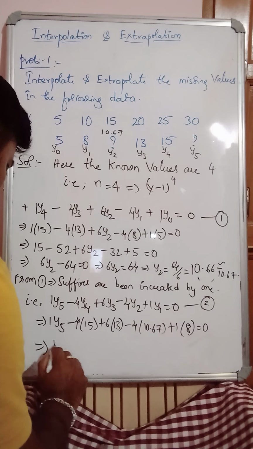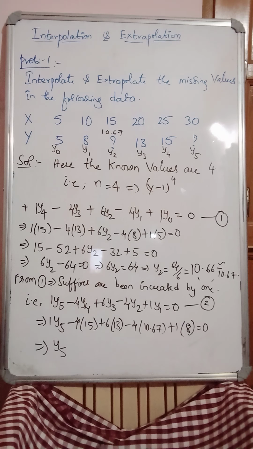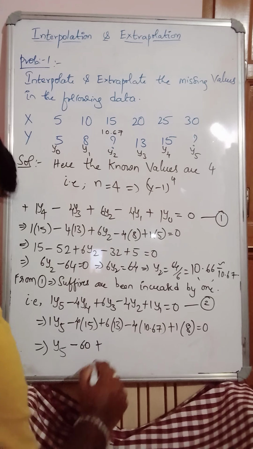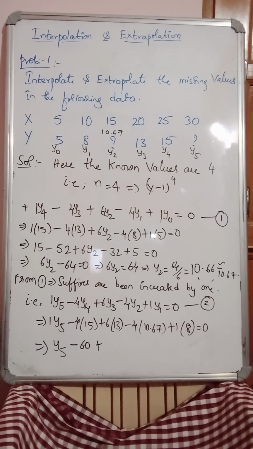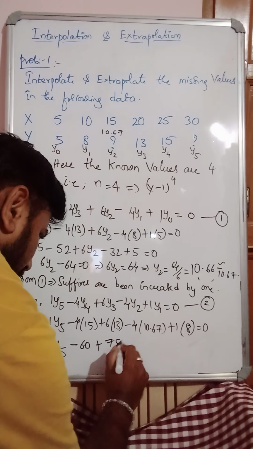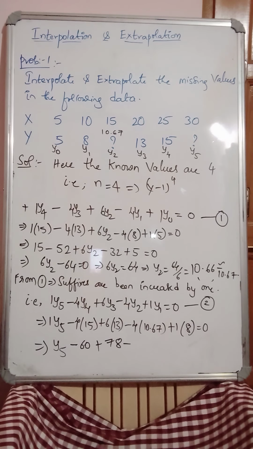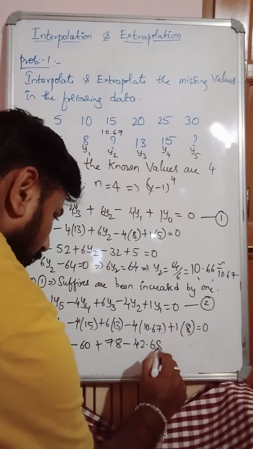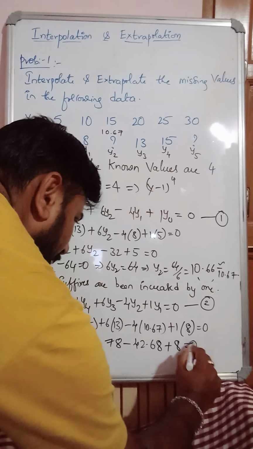Now simplify this one. y5 minus 15 fours are how much? 60. Minus 60 plus 13 sixes are how much? 6 times 13 is 78. Minus 4 into 10.67. 4 into 10.67 is 42.68, plus 8 equated to 0.